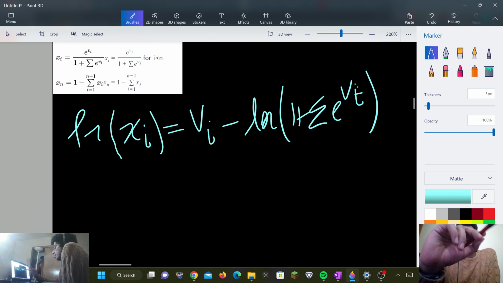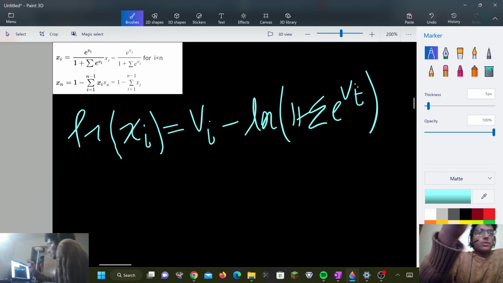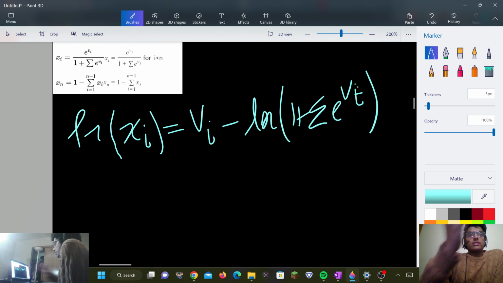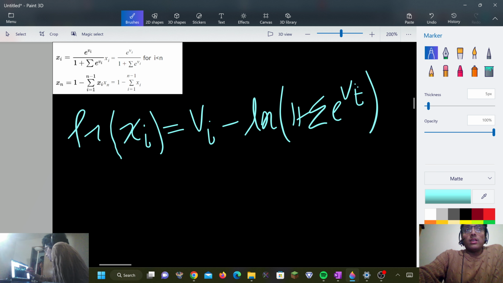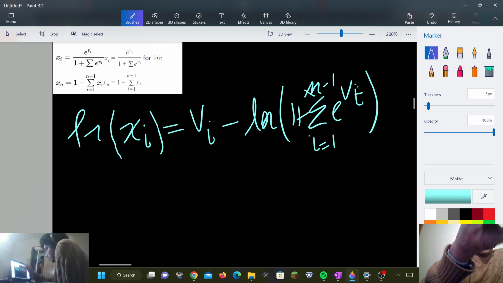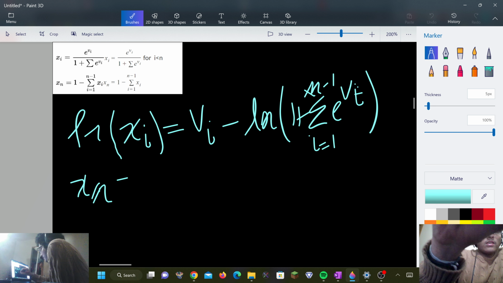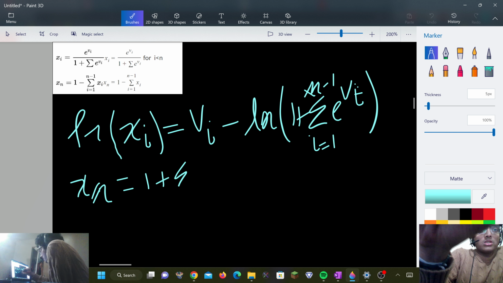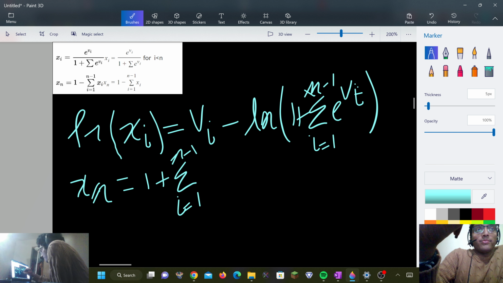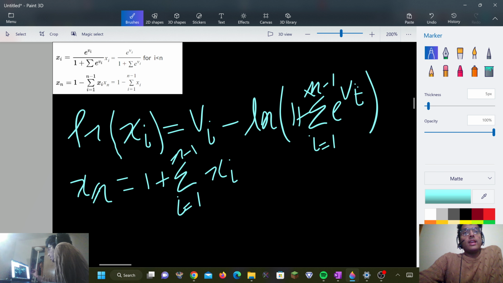But we can look at the second expression, where the summation is i equals 1 to n minus 1. So you have x_n equals 1 minus the summation from i equals 1 to n minus 1 of x_i.